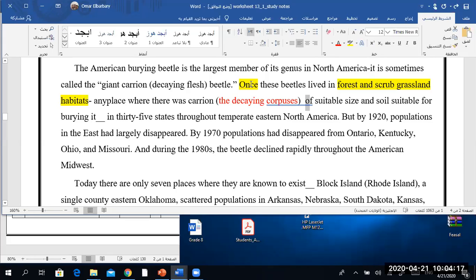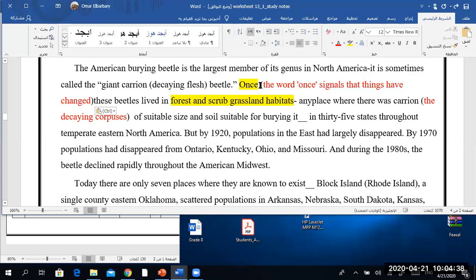Yes, very good. So I asked the lads at the beginning of the class about the significance of the word once and what it signals. I think it signals that once means things have changed. Very good. In the past, it was something, and now it's not.